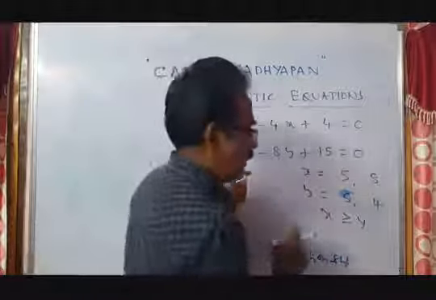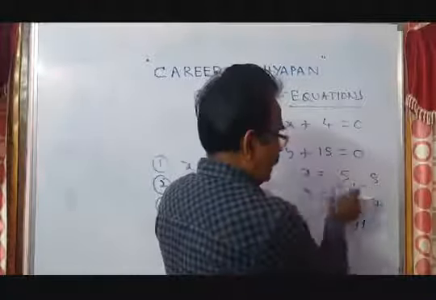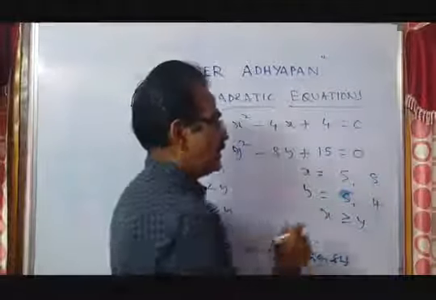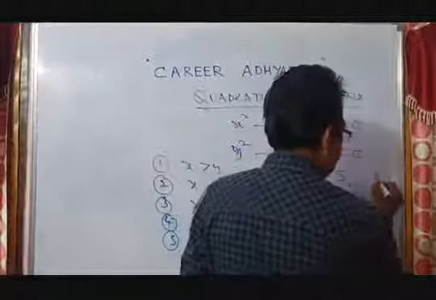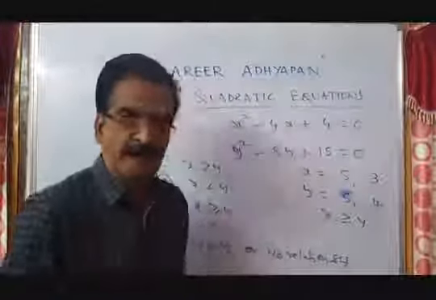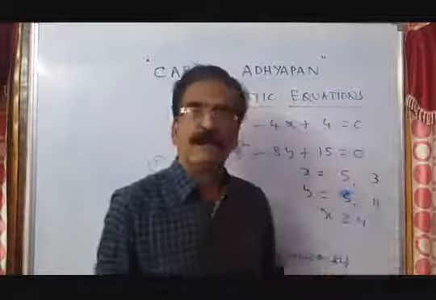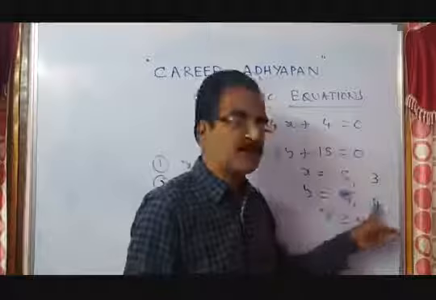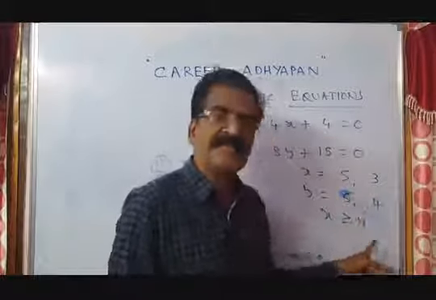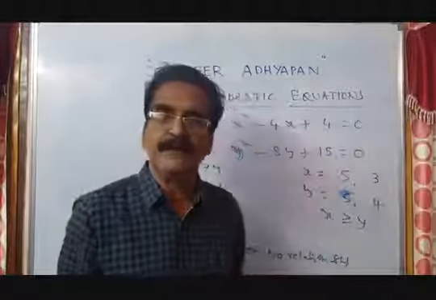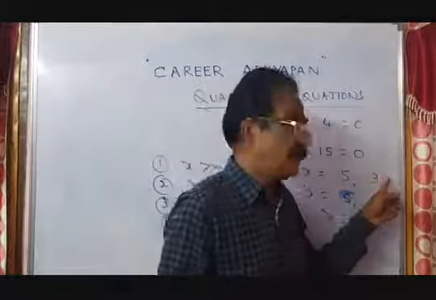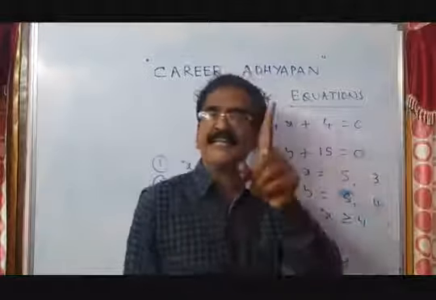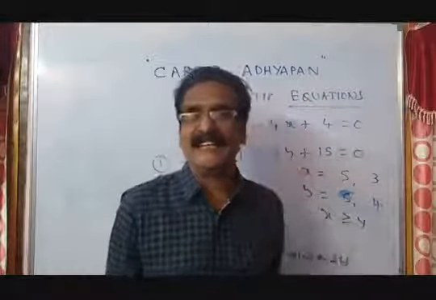Why? Because see, suppose x is equal to 5, 3 and y is equal to 5, 4. If you compare the x value 5 with these two values, you are getting the relation x greater than or equal to y. But if you compare the x value 3 with these y values, you are getting the relation x less than y.